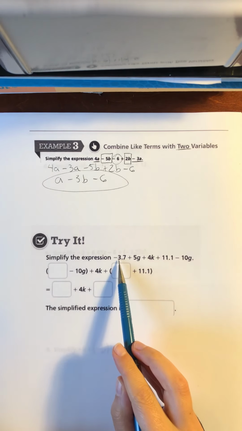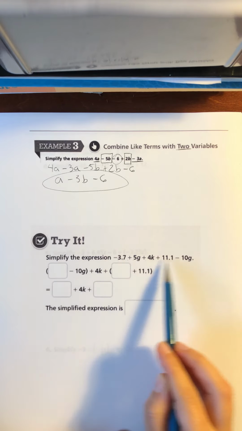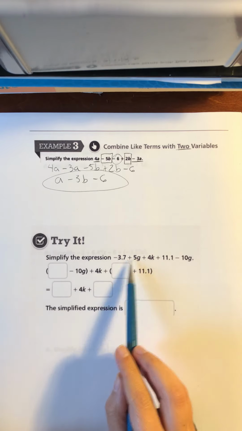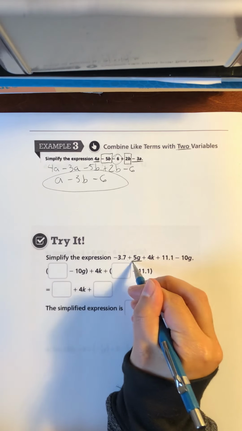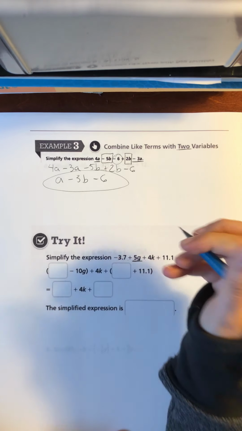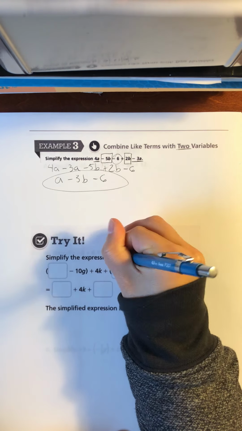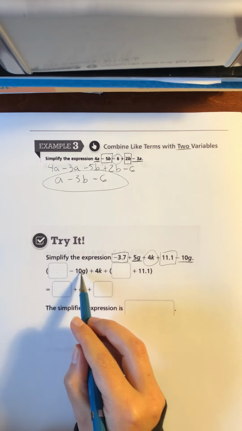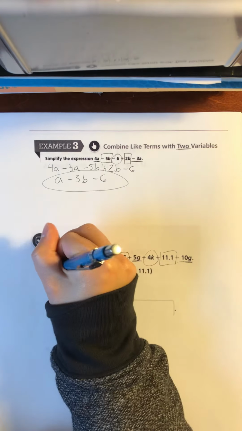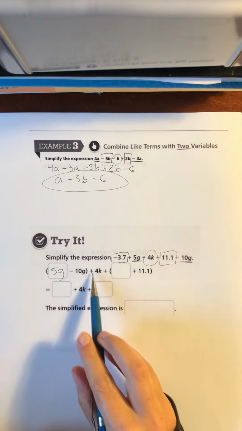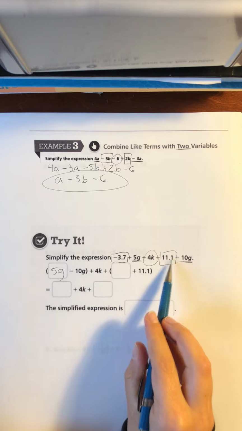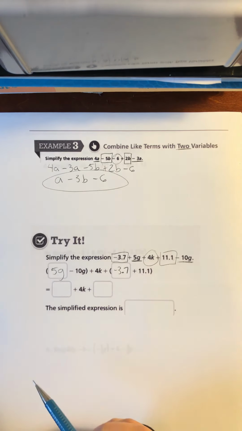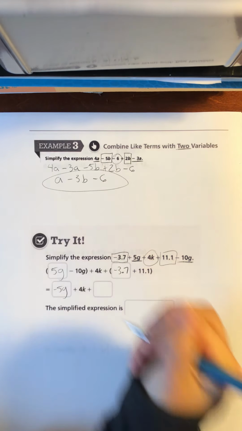Simplify the expression negative 3.7 plus 5g plus 4k plus 11.1 minus 10g. So our like terms here, 5g and negative 10g, and then we have negative 3.7, 11.1, and then we have this 4k by itself. So 5g minus 10g, group them next to each other, plus 4k, and then plus 11.1, the like term to that is negative 3.7. 5g minus 10g is negative 5g.